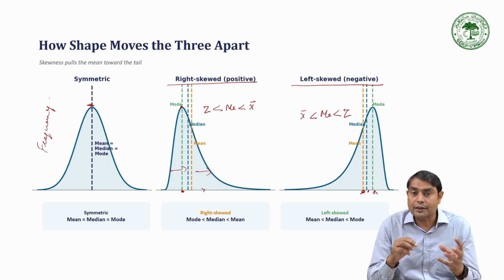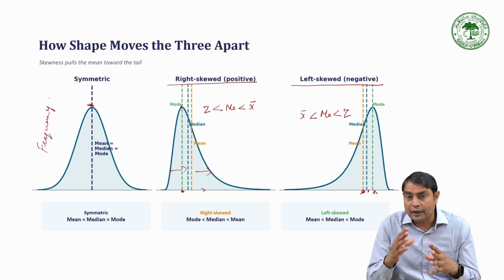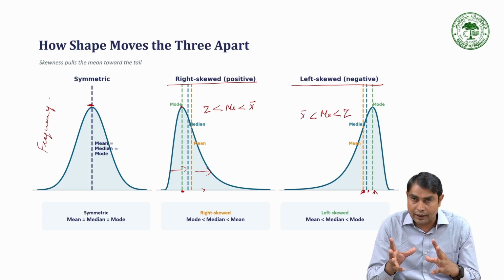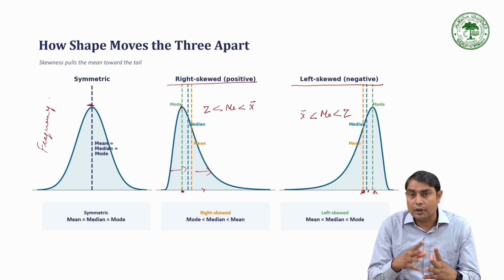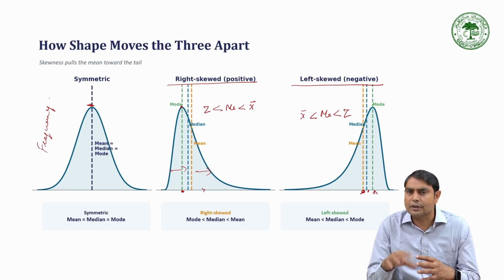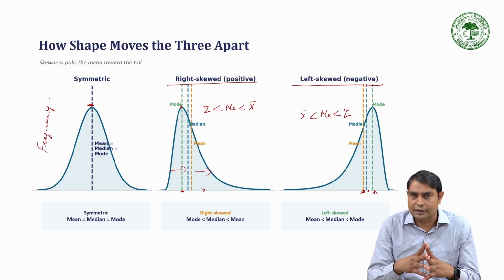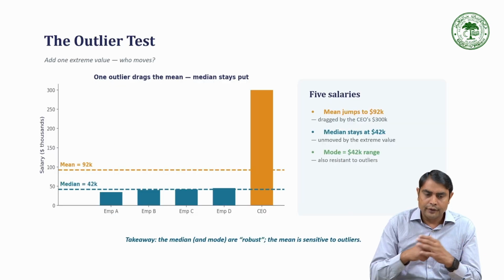But if my data is positively or negatively skewed, all these three measures of central tendency will not be equal. And if my mean is greater than my mode, then I can say it is right or positively skewed. And if my mode is greater than my mean, then I can say it is negatively skewed.